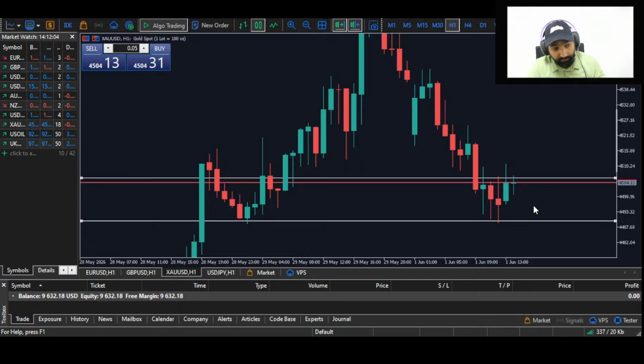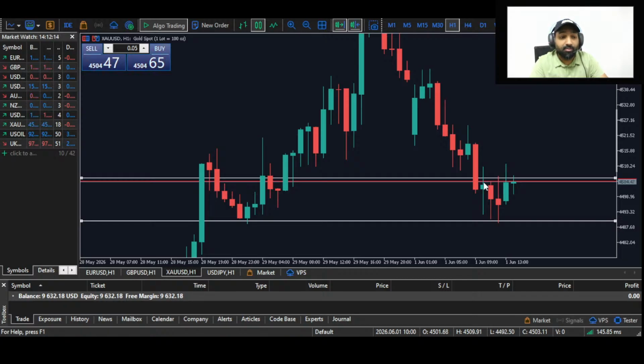It's a good range if it breaks above, because you see it was a resistance. The previous 1 hour candle tried to push up from this resistance zone, but it didn't. It came back into the resistance.